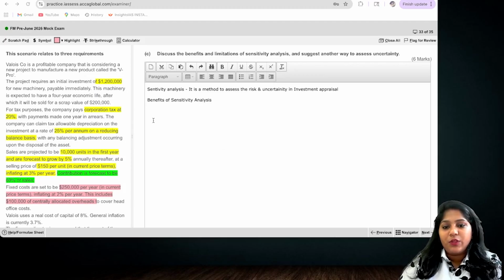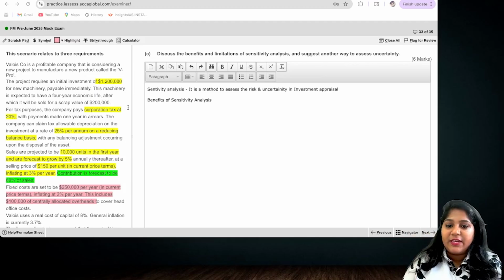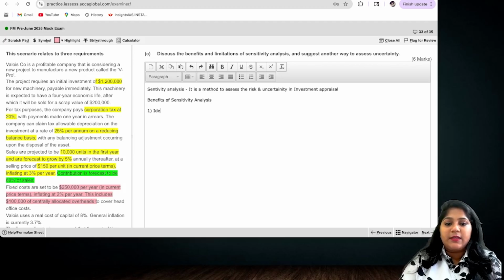You can write whatever you think is better. See, it identifies the key risk drivers. It calculates the exact percentage, isn't it? So identify the risk drivers.